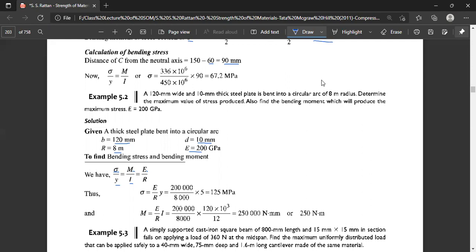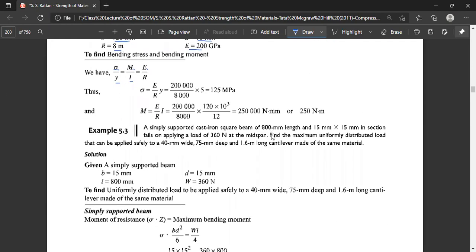That is multiplied by the moment of inertia of the area, B D cubed divided by 12, where B is 120 and the depth is 10 millimeter. So M will be equal to 250 Newton meter.